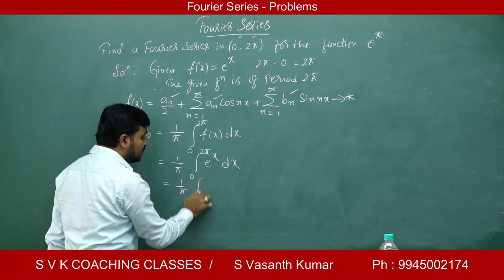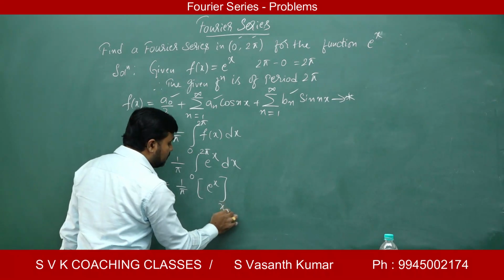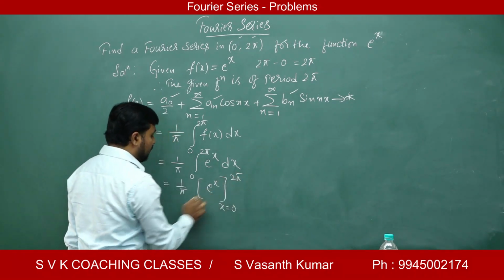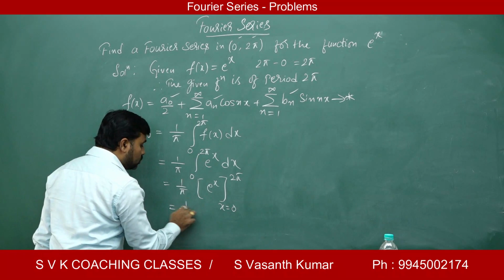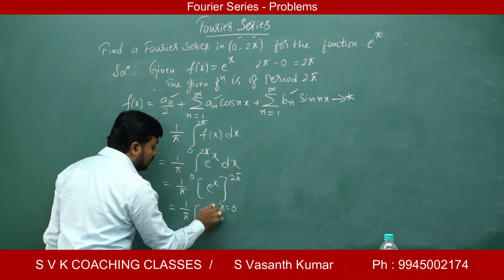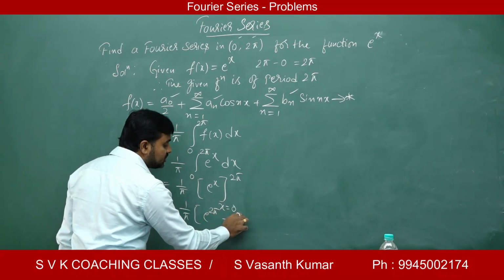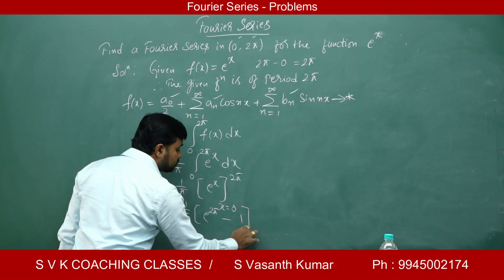What is the integral of e power x? The integral of e power x is e power x itself, limits x equal to 0 to 2 pi. Now substitute the upper limit and lower limit. Upper limit is e power 2 pi minus e power 0, and e power 0 is 1.